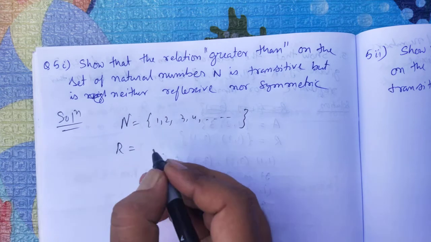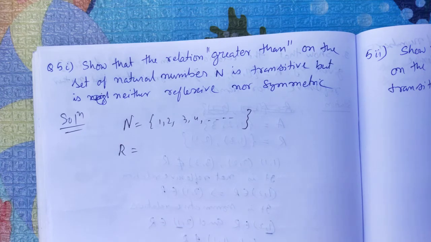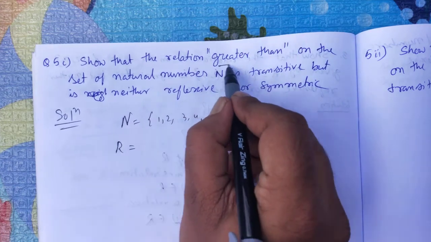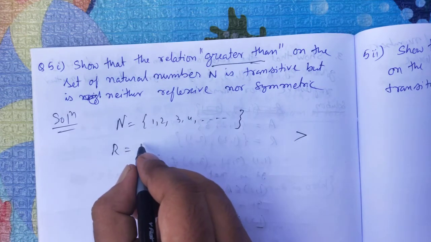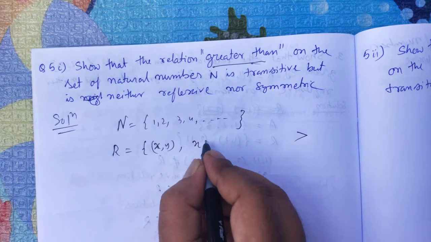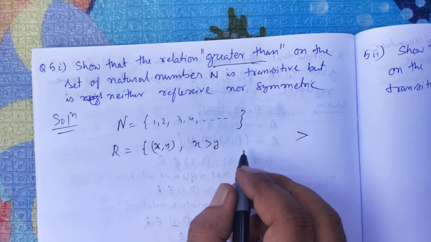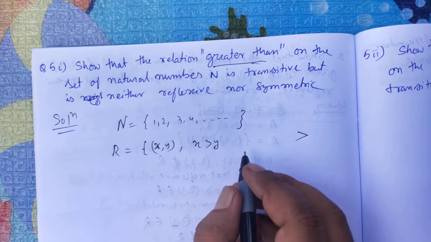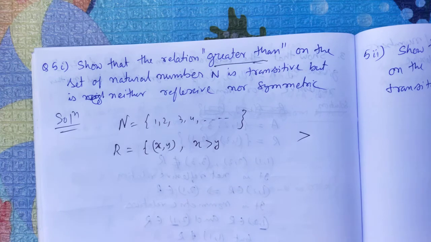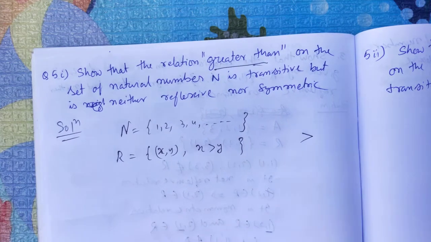And the relation R is given as R = {(x,y) such that x > y}. You have to check this relation, x greater than y.